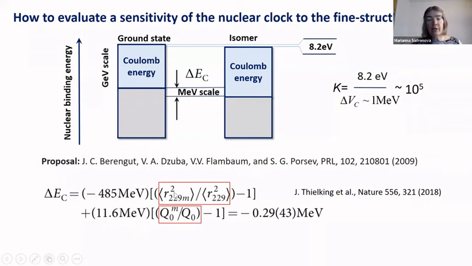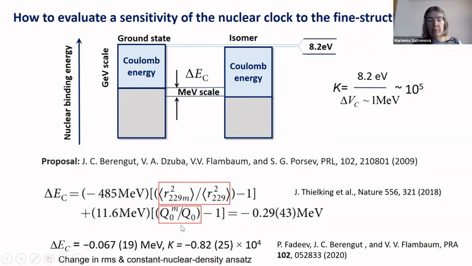As of now, the isomeric radii have been measured, so this ratio is known well, but the ratio of the quadrupole moments is still not known with the required precision, so we still don't know what the enhancement is. But it has been projected, if you relate those quantities, to be about 10 to the 4 at this time. And a project to make a much more precise measurement of the ratio of the quadrupole moments in a precision ion trap is currently underway.